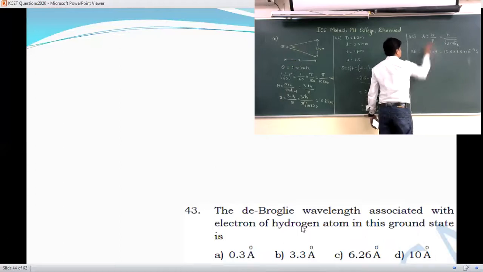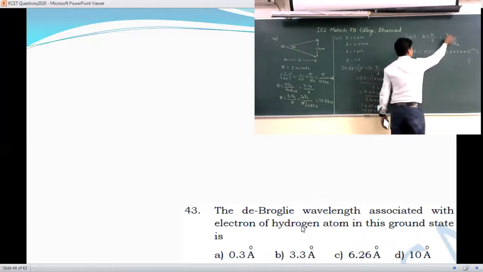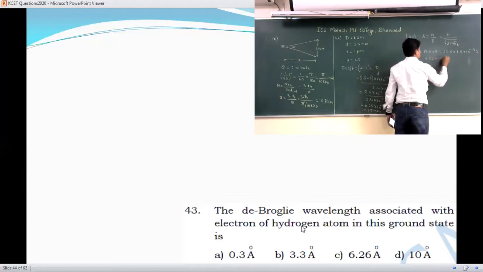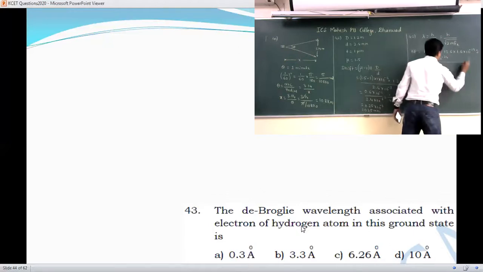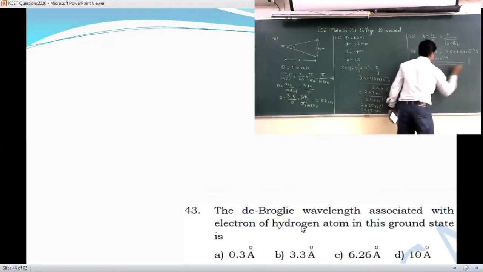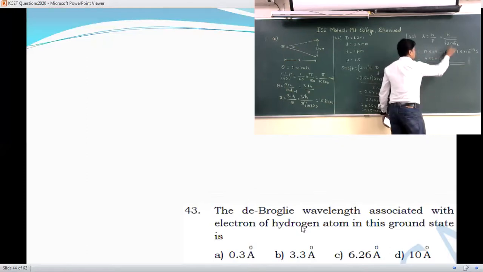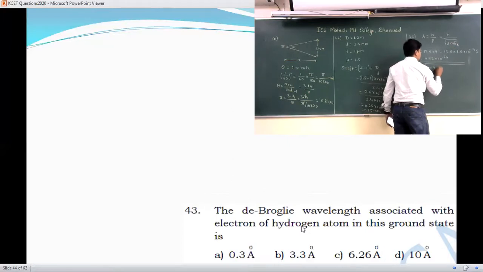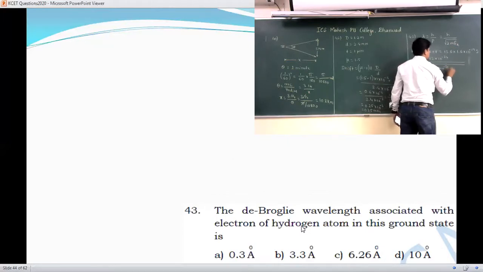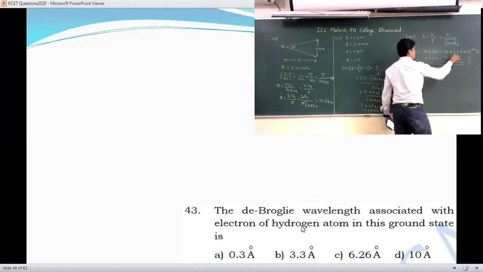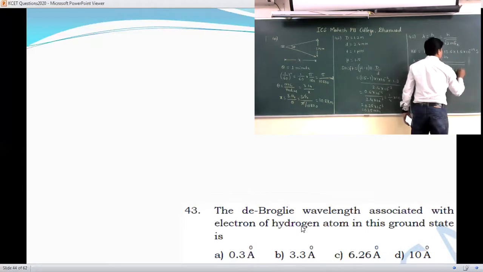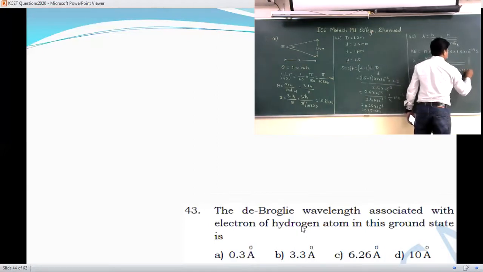Here lambda is equal to, take the value of h, it is 6.62 into 10 raised to minus 34 divided by square root of 2 into mass 9.1 into 10 raised to minus 31 into the kinetic energy, 13.6 into 1.6 into 10 raised to minus 19.